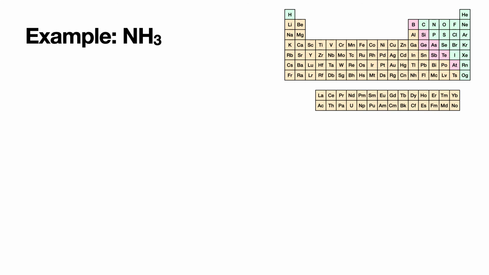And I'm going to start by writing the Lewis symbols for the atoms in this molecule. So we've got nitrogen. Nitrogen has 5 valence electrons, and so I put 5 dots around the letter N in the Lewis symbol. And then there are 3 hydrogen atoms. Hydrogen has a single valence electron, so I put 1 dot on the H's.